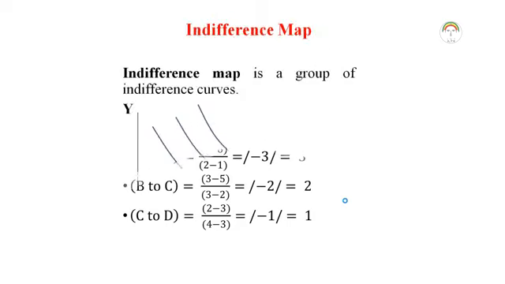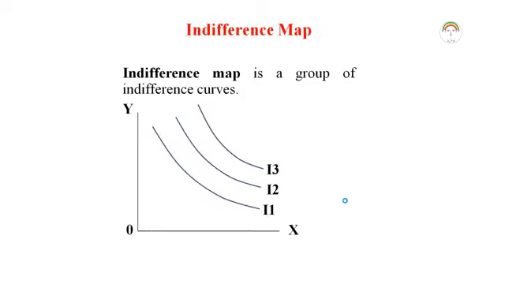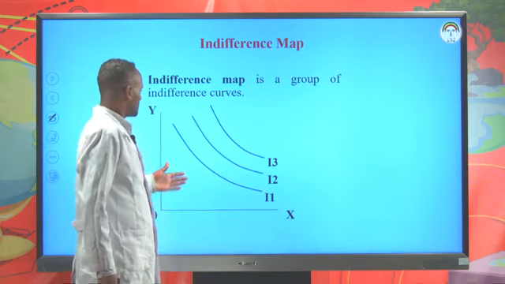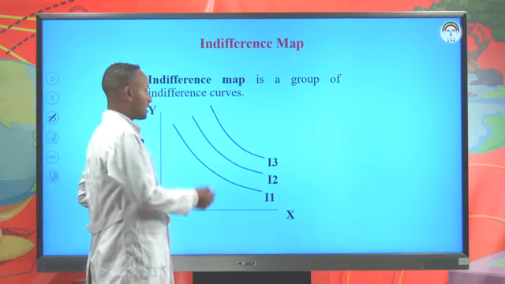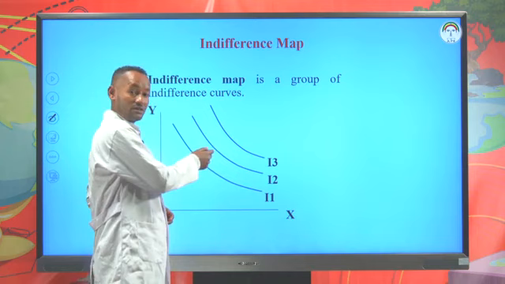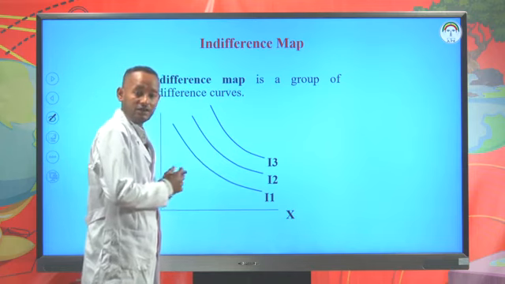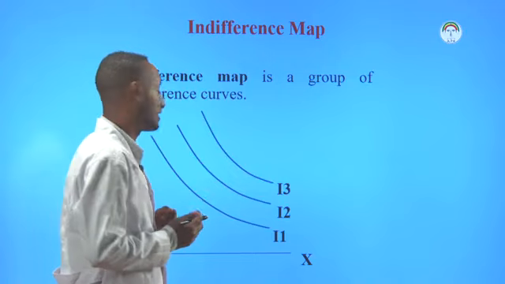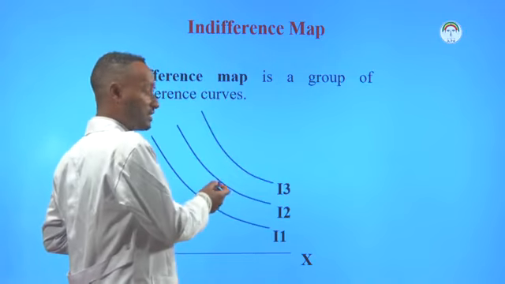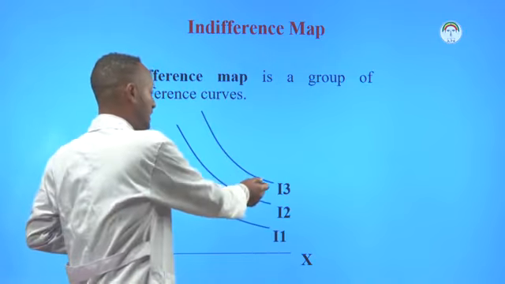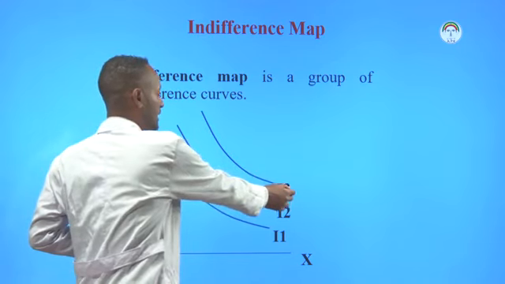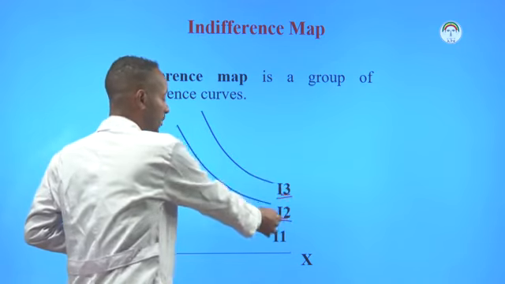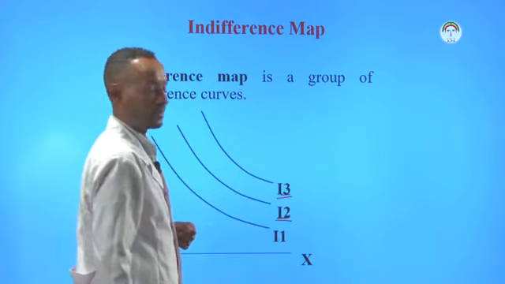Now, an indifference map is a group of indifference curves, and from these indifference curves, higher level indifference curves represent higher level of satisfaction, and lower indifference curves represent lower satisfaction. So from this curve, the satisfaction that we get from indifference curve 3 is greater than the satisfaction that we get from indifference curve 2.